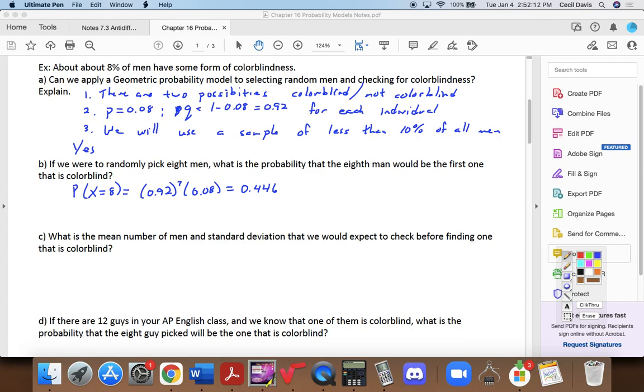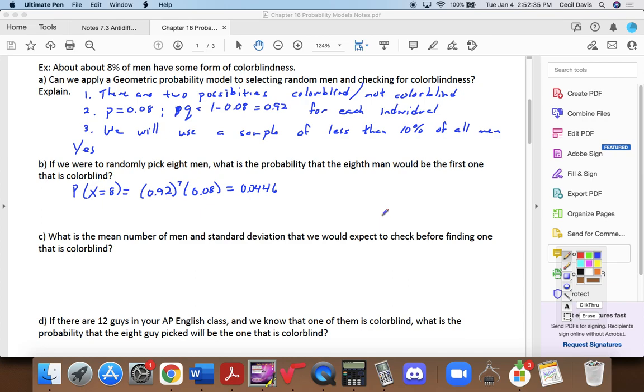Right, 0.446. I have 0.04. It is 0.04. That is pretty low. So that's less than a 5% chance.